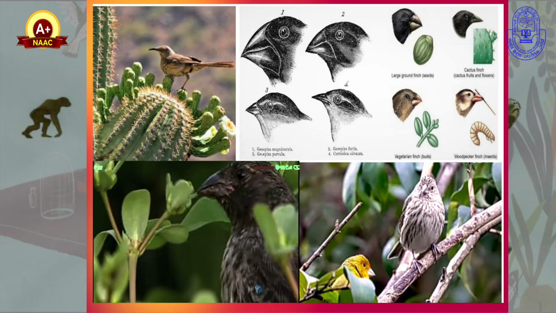They appear like a new species, and this is the essence of the origin of a new species. This formation of a new species is called speciation.